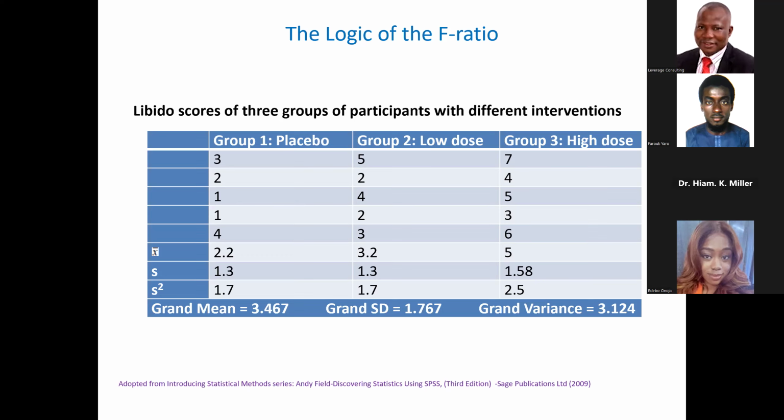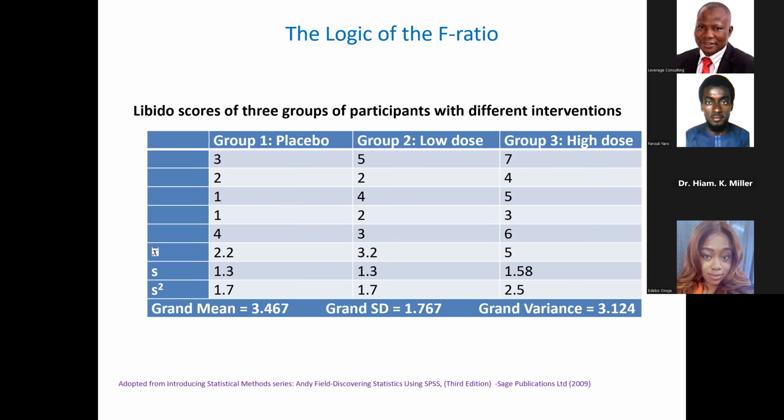There's something I want you to notice here: each of the groups has their mean value, but you now have a grand mean. Each of the groups has their mean, standard deviation and so on. That is their mean and variability. The grand mean collapses all the 3 groups together, all the 15 participants.